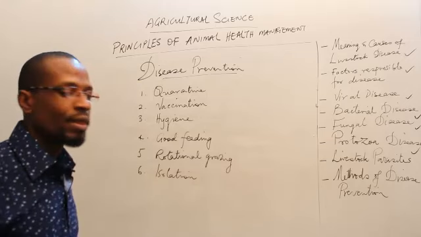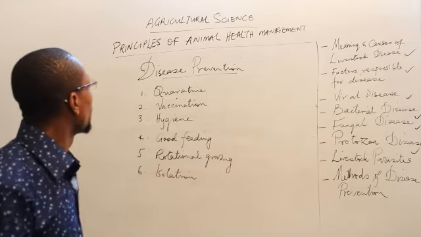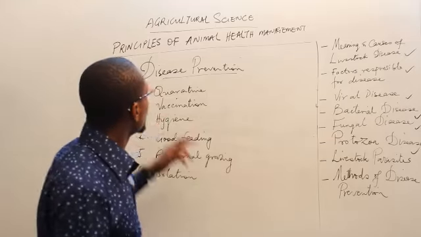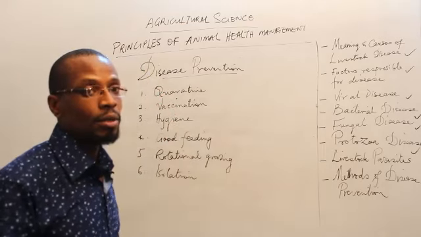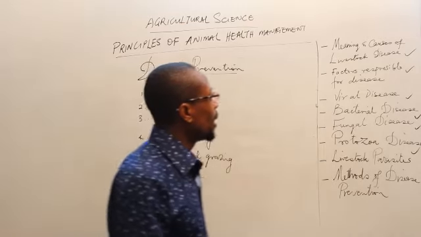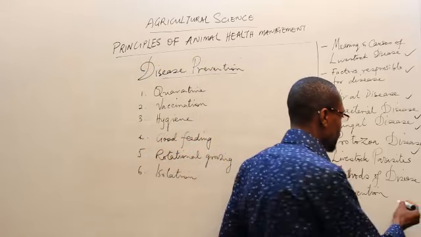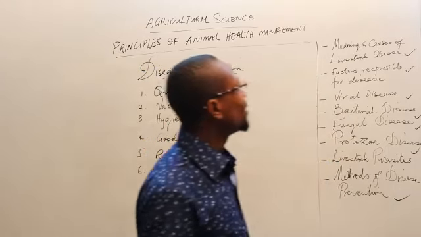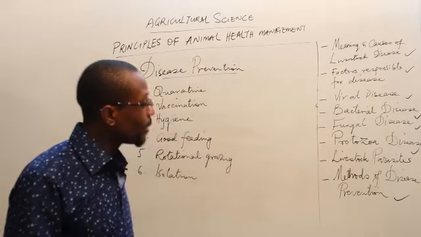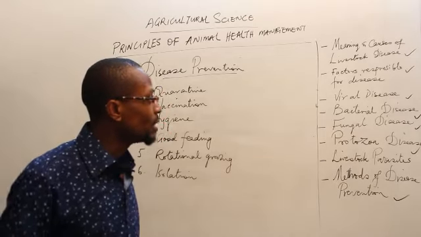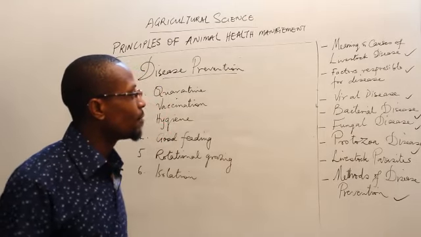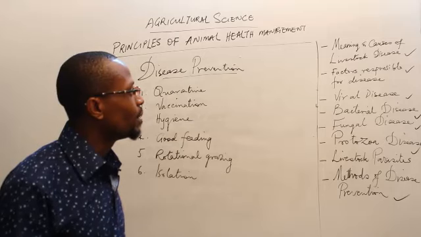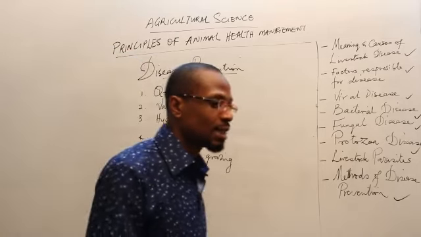And with that, we come to the end of the topic, principles of animal health management. In this topic, we have considered the meaning and causes of livestock diseases. We've also looked at the factors that could be responsible for diseases.